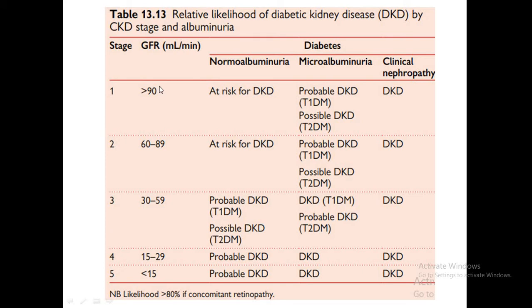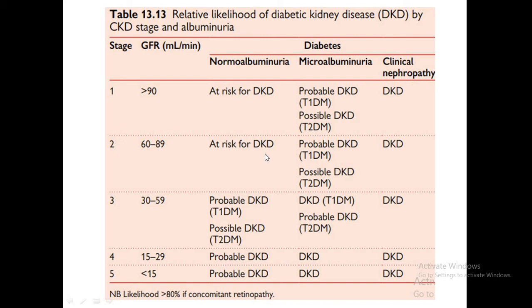For stage 1, if there is no microalbuminuria, they are at risk for diabetic kidney disease. But if there is microalbuminuria, they are probably having diabetic kidney disease, both in type 1 and type 2. And if there is macroalbuminuria or clinical nephropathy, there is diabetic kidney disease.